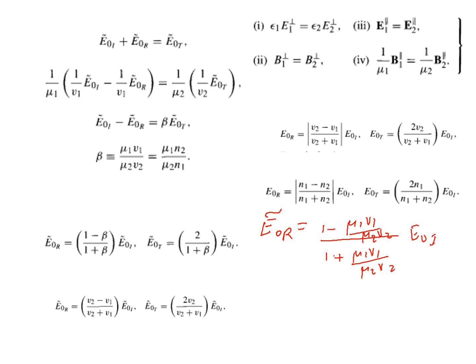Now taking the LCM for this, you will get mu2 v2 minus mu1 v1 divided by mu2 v2 plus mu1 v1. The mu2 v2 in the denominator will get cancelled from numerator and bottom. So it will look like this.